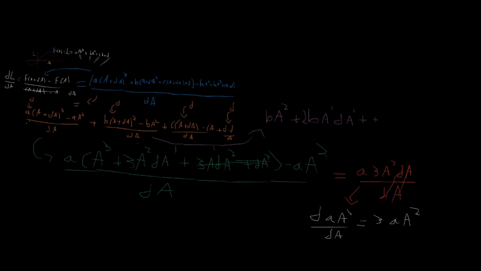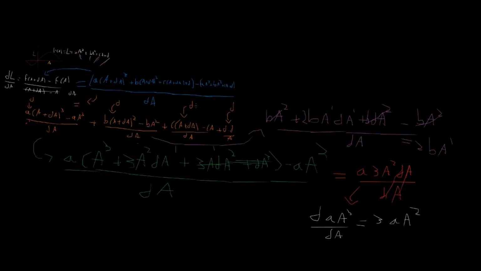Plus B dA squared minus the other B A squared, over dA. So we can chuck this guy out because he's so tiny with the dA squared. We can chuck him out, we cancel out these two, and ultimately we pretty much end up with 2BA. And that's the differential of this guy.